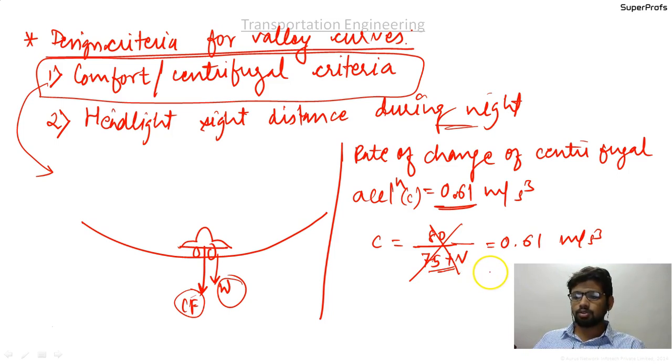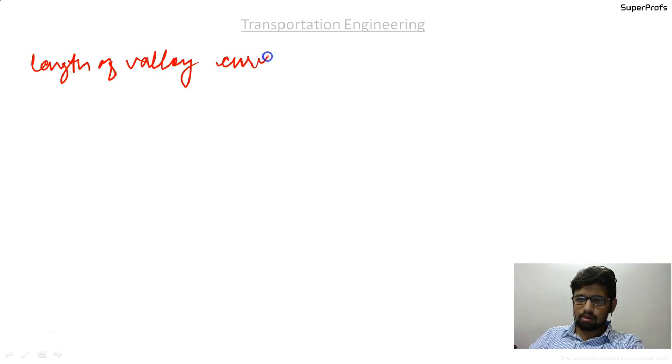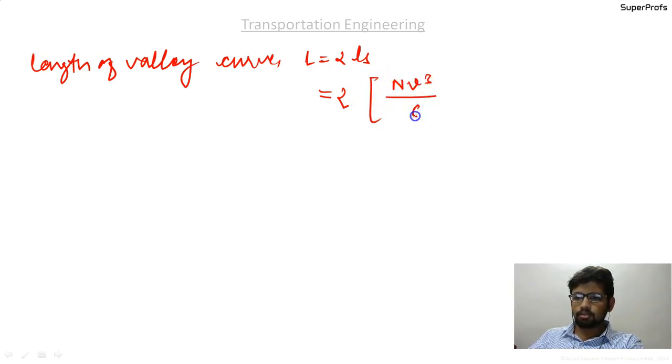So the length of valley curves, capital L, is equal to twice of small ls, which is equal to 2 into nv cube by c raised to 1 by 2.